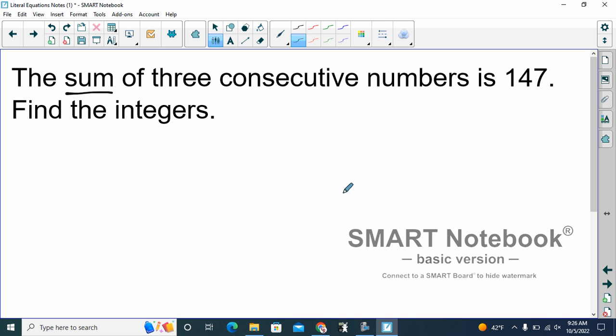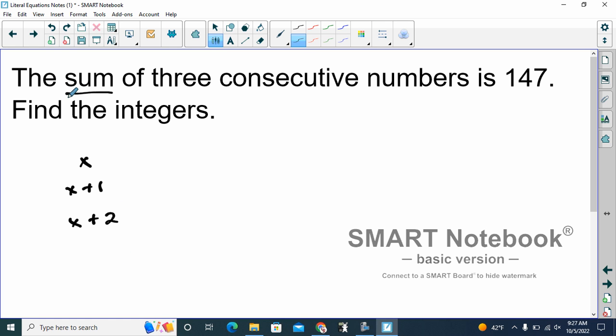Sum means we're adding things up. 3 consecutive numbers. So if I call the first number x, the next number is going to be 1 more than that. So x plus 1. And then the next number should be 1 more than that. So x plus 2.